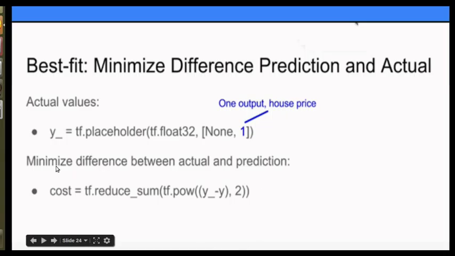So we need to minimize the cost function here. What we do is reduce_sum, which is basically sigma of tf.pow of y minus y_, that is sigma of (y minus y_) whole square. So reduce_sum is nothing but sigma here, and pow is the same as the math power function in the above case.